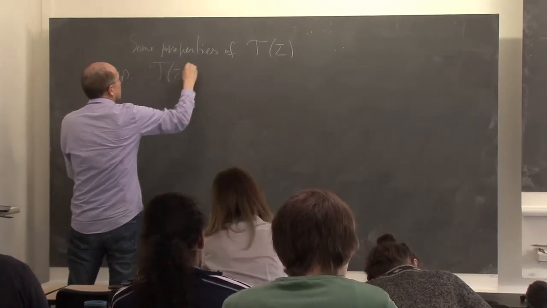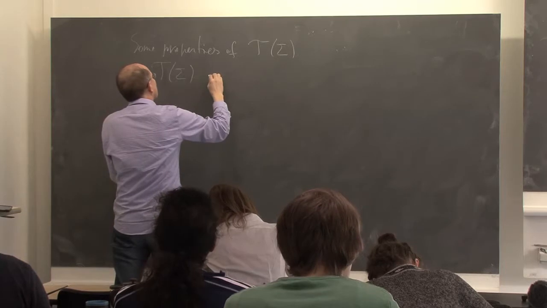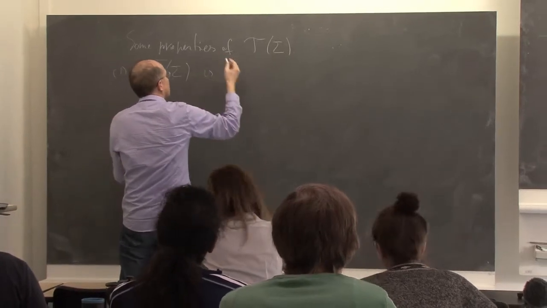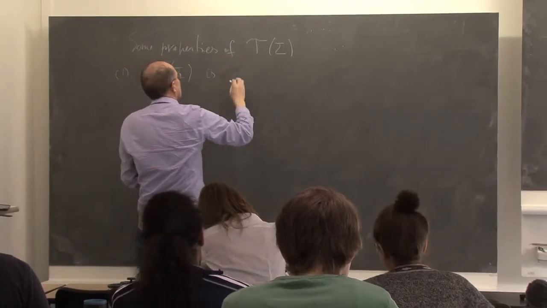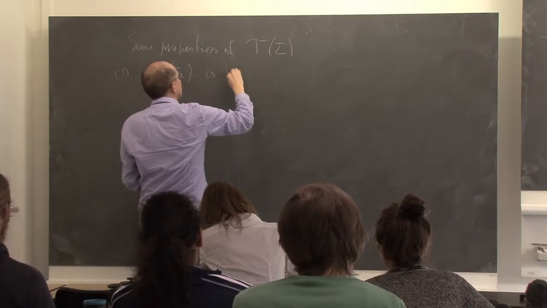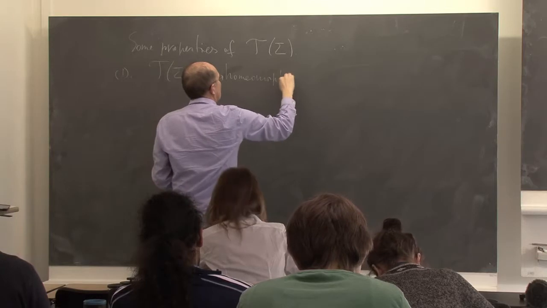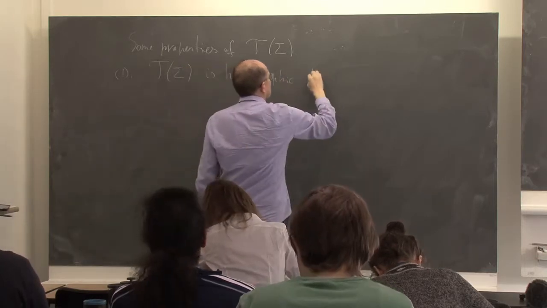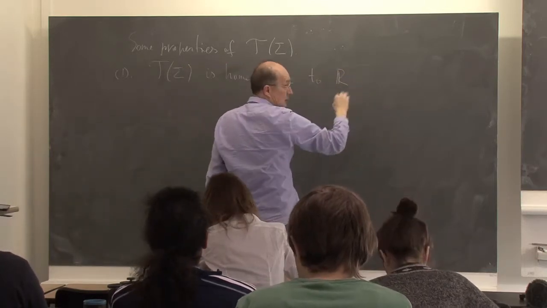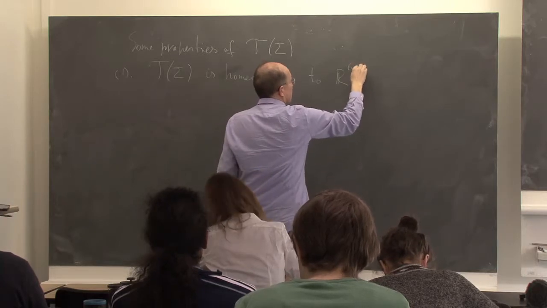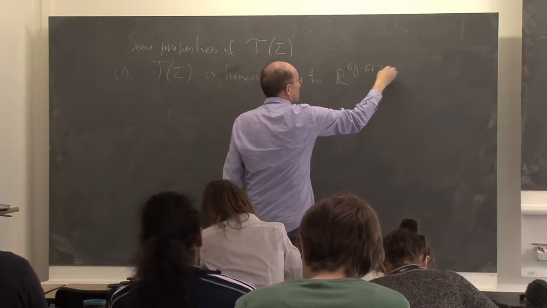The first property tells that this space is homeomorphic to an open ball, homeomorphic to R to the power 6g minus 6 plus 2s.